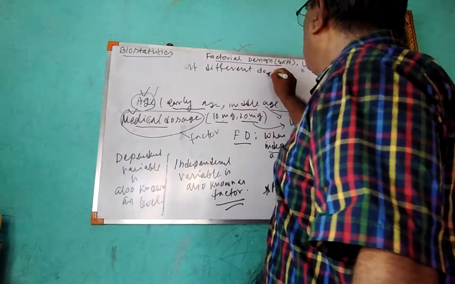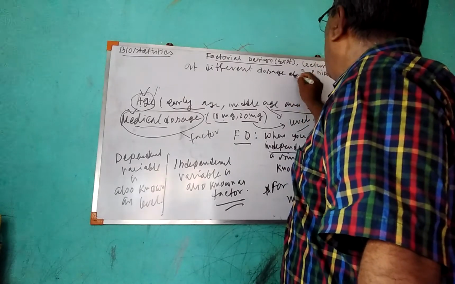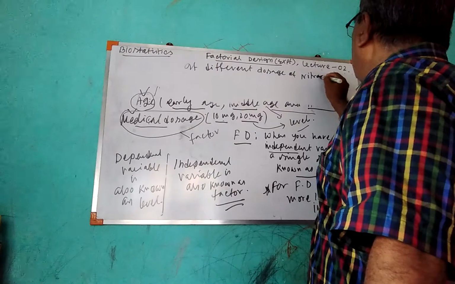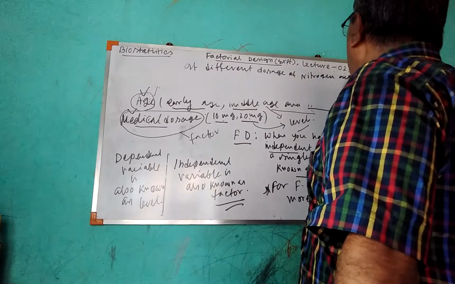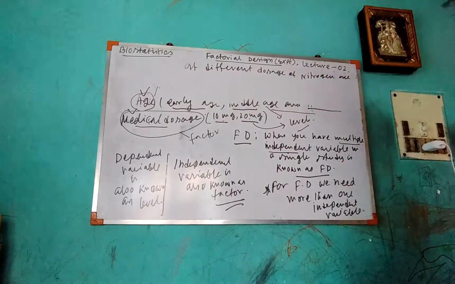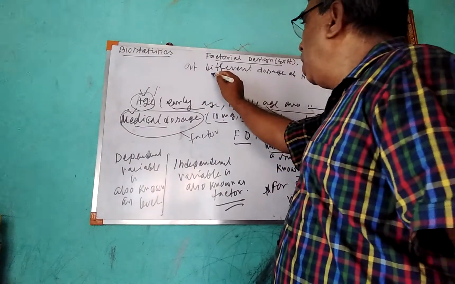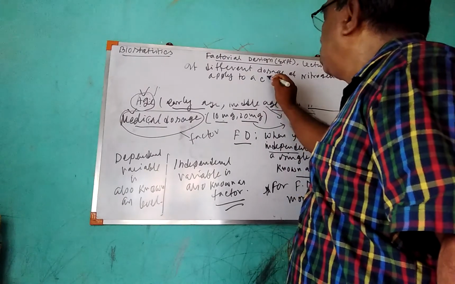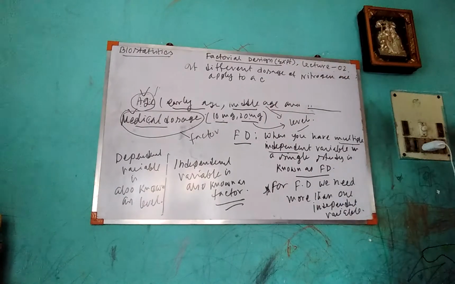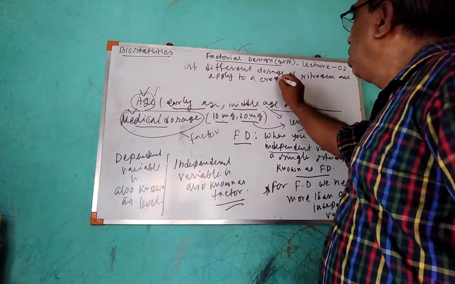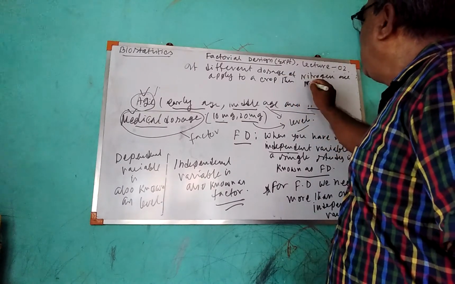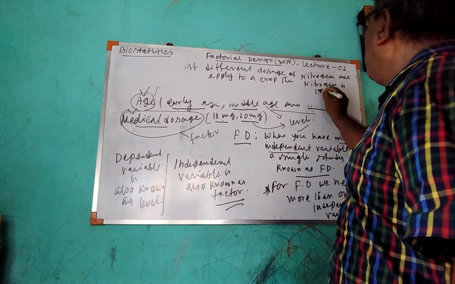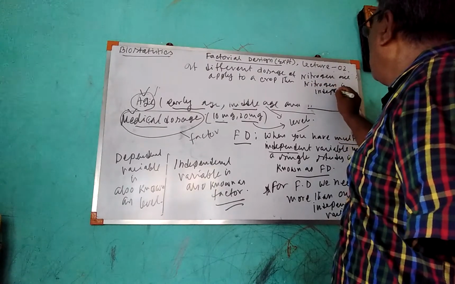If different doses of nitrogen are applied to a crop, then nitrogen is the independent variable.